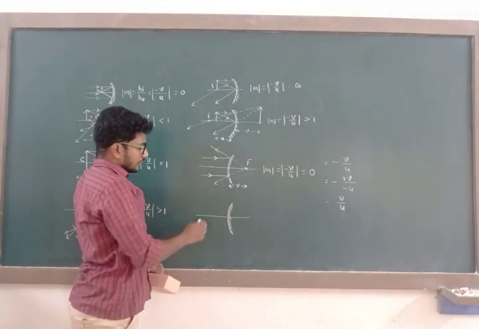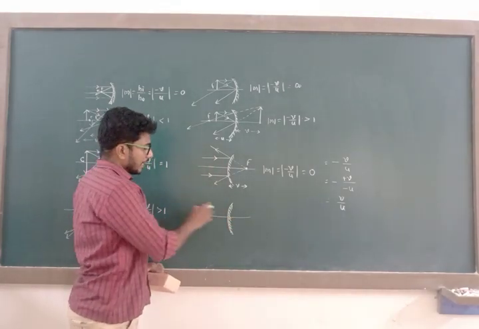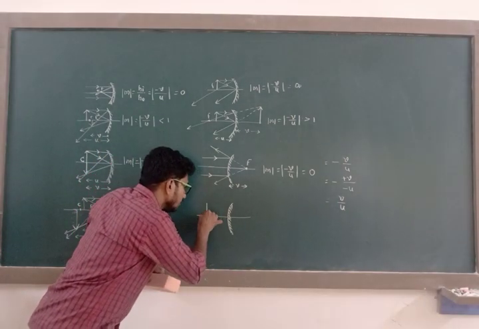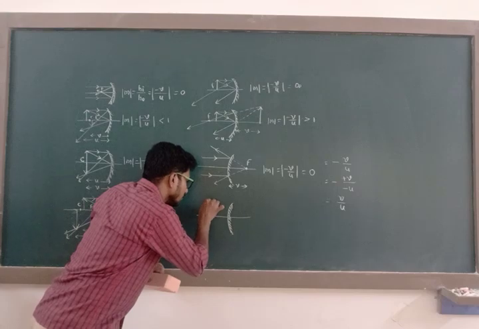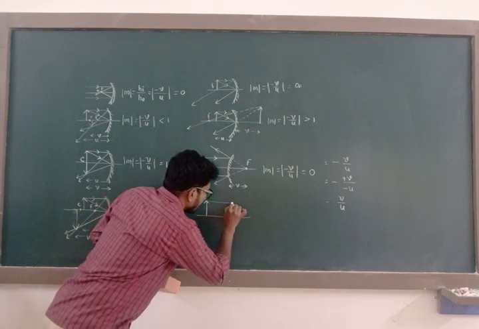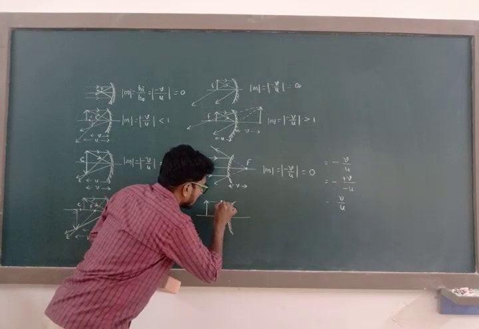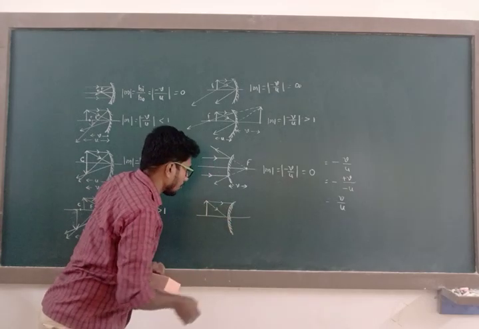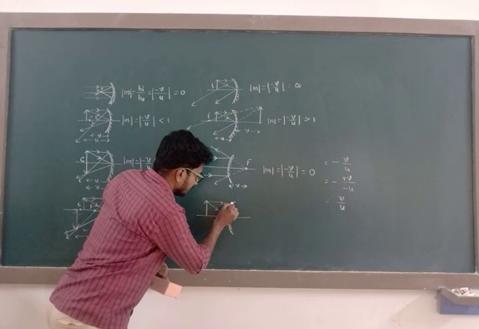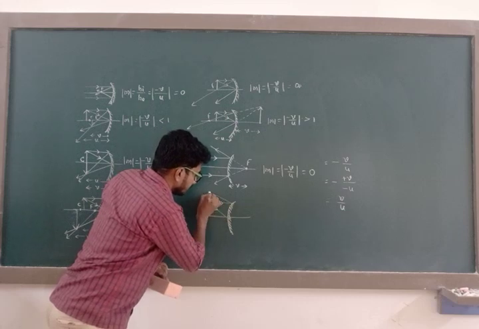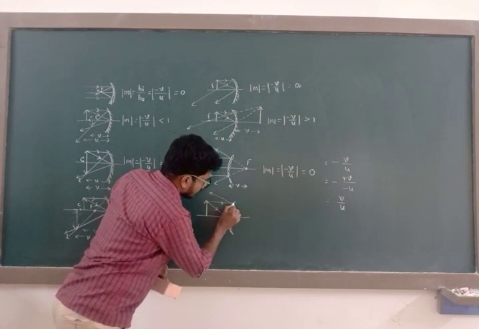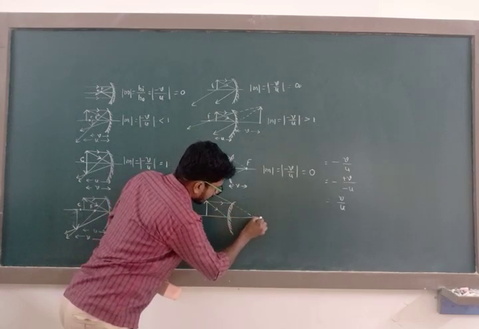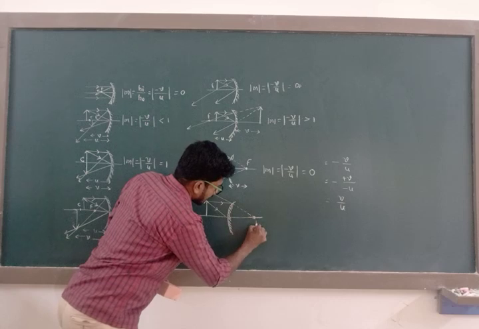When object is placed anywhere between infinity and pole, incident light ray parallel to the principal axis, incident light ray obliquely to the principal axis. So this is nothing but principal focus.